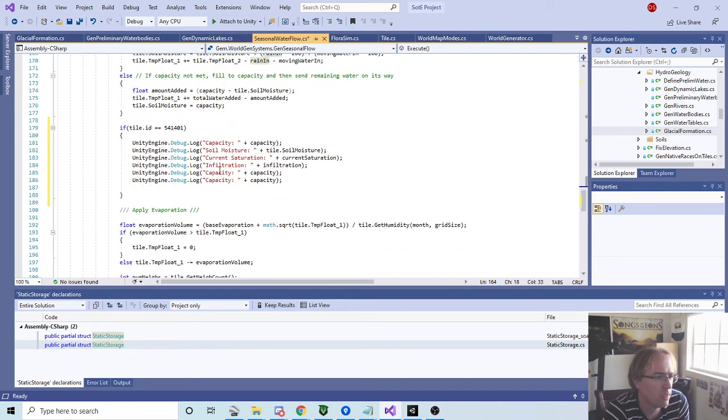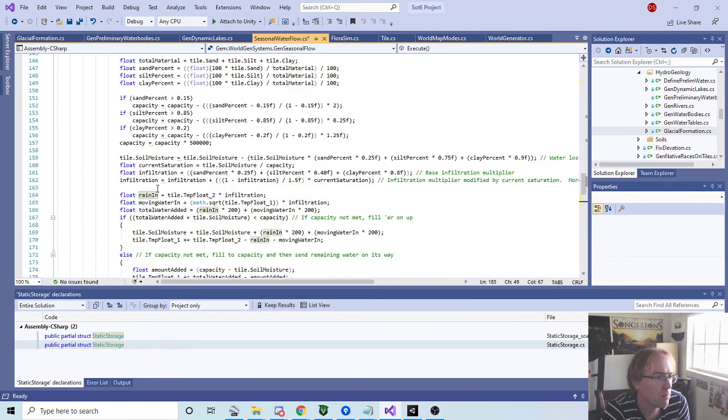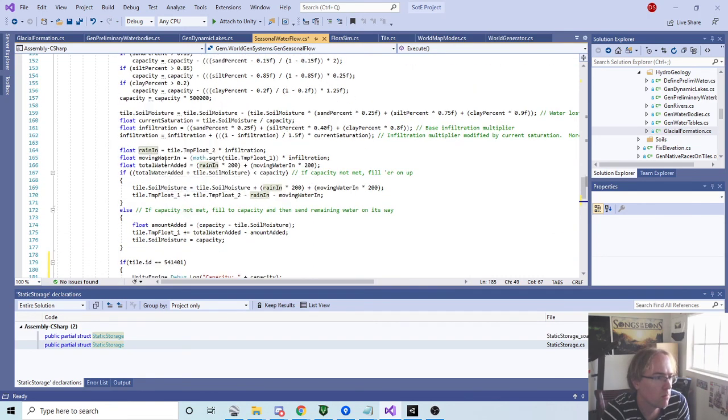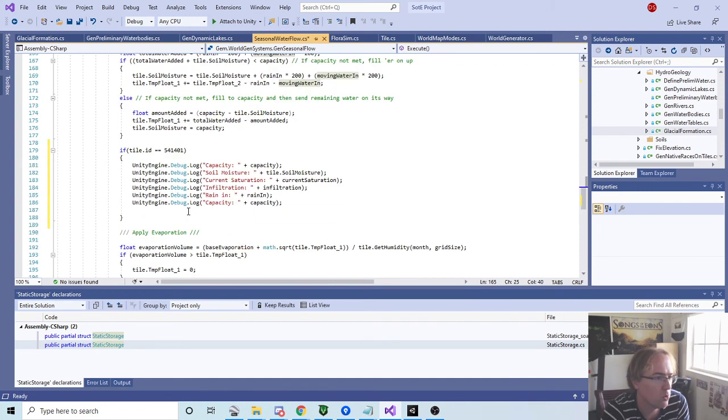This is how much rain goes in. Rain in. Oops. How much moving water ends up going in.